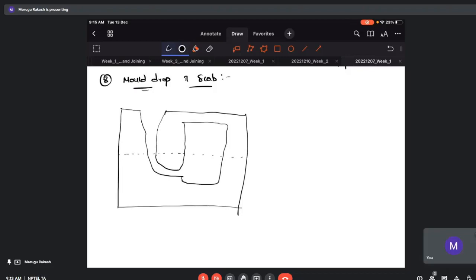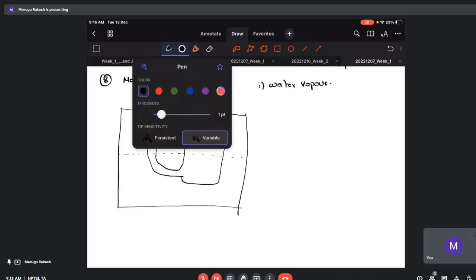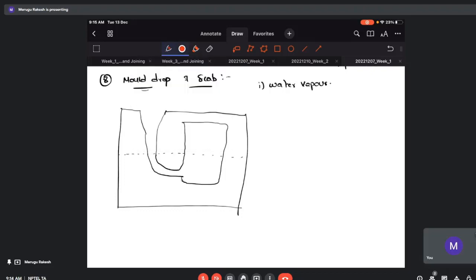Okay, this is the casting we have. Initially, the water vapor formed during the evaporation of moisture from the mold will move up to the top of the casting, and it will get condensed.